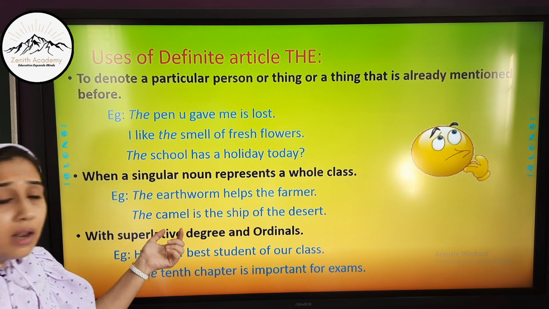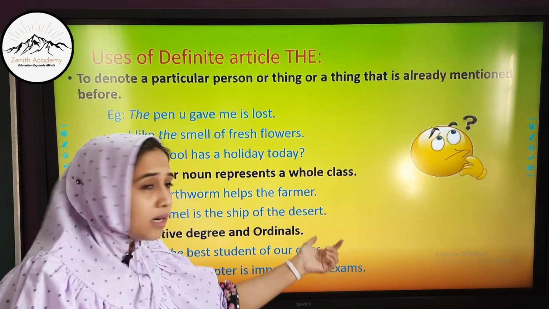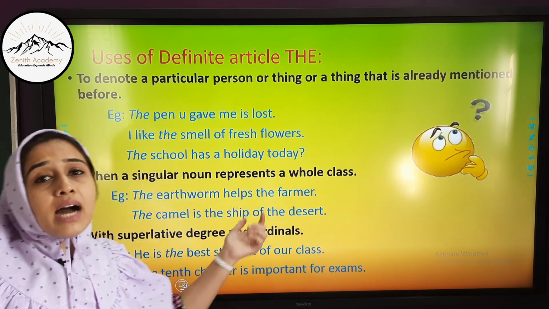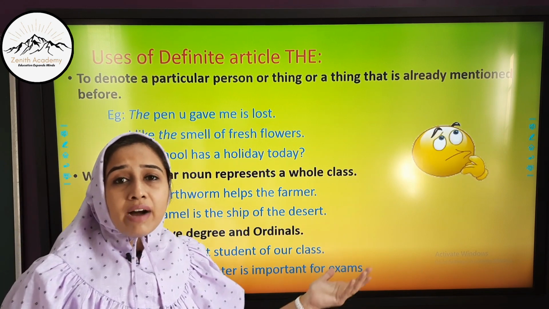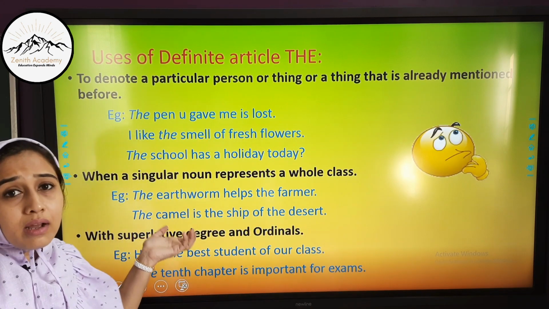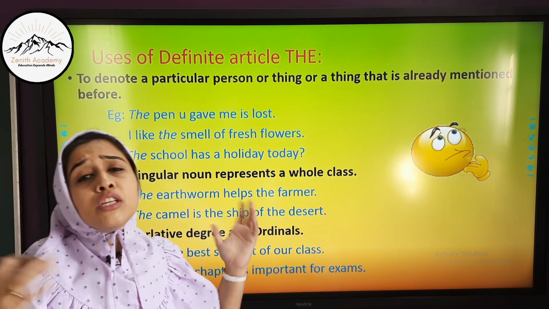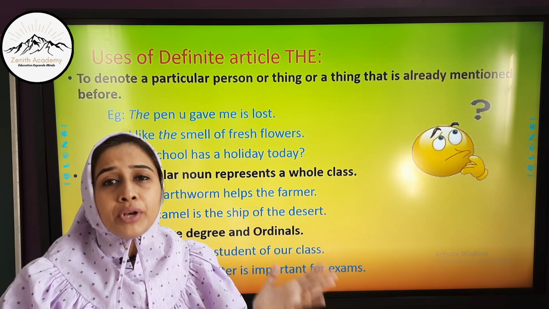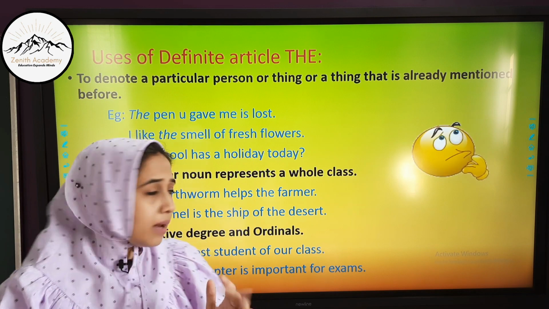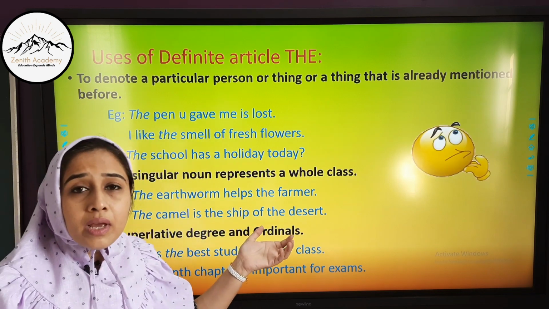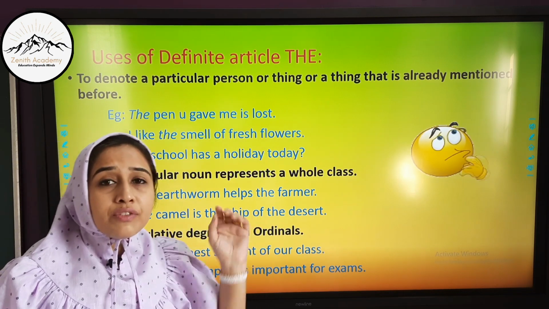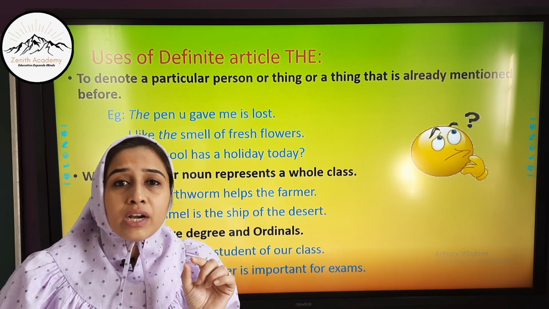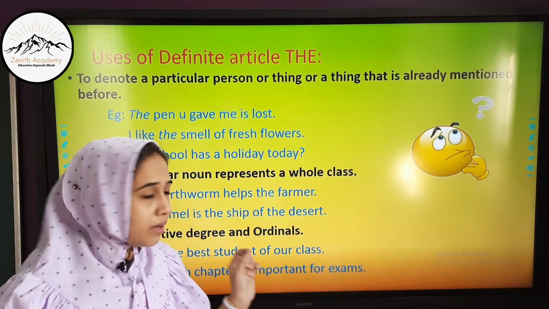The camel is the ship of the desert. Now the article the is used all three times. Why? Because the camel, one single camel, is used as a representative of the entire class or community of animal, that is camel. Is the ship. Now the ship, because we are talking about one particular kind of mode of transport here.